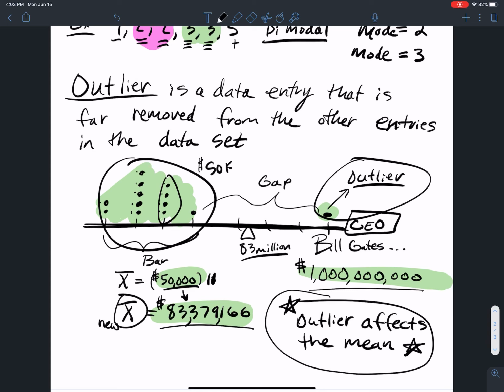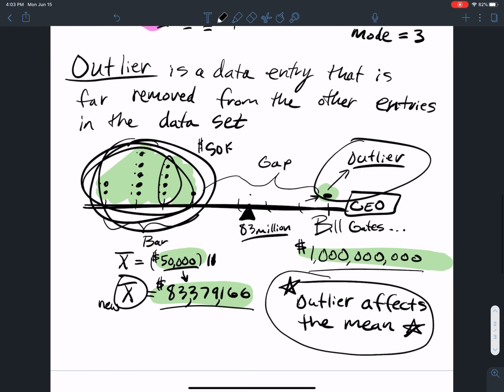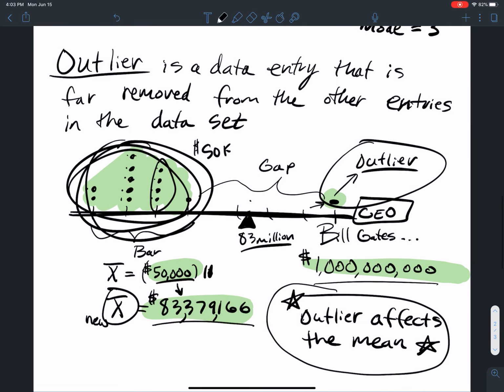Well, is the average salary 83 million? Yeah, technically speaking, it is 83 million, but nobody makes 83 million. Everybody makes in this 50,000 range, and then this one person here makes a billion. Okay, so kind of an extreme scenario there, but I did that just to illustrate the point.